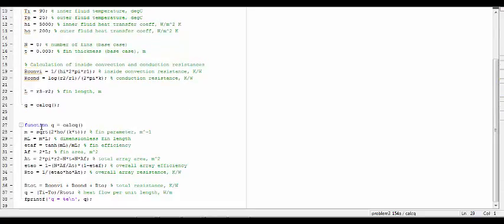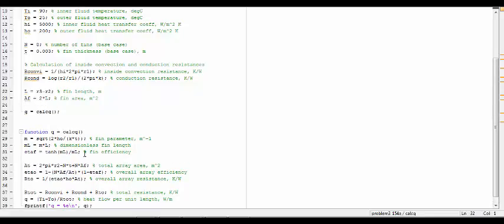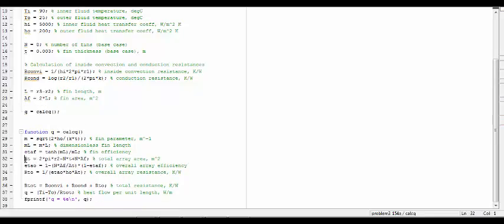But m is dependent on t, so is A sub f? A sub f is not. We can move that up. A_T is, eta_o is, R_T_o is, and so forth all the way down to the end. We're not going to print out q right here. We can move it up to here.